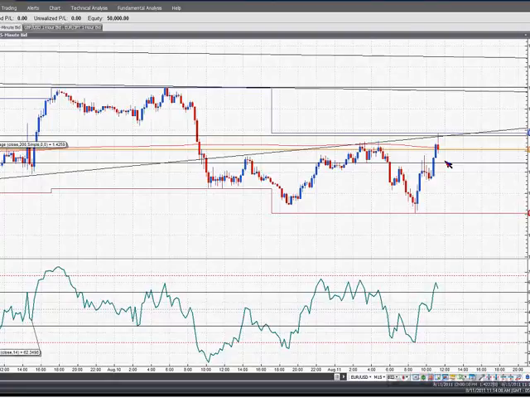Okay, so a break above 76.90, 77, look for a 20 pip rally towards 77.20, and if that breaks, we have a double bottom.